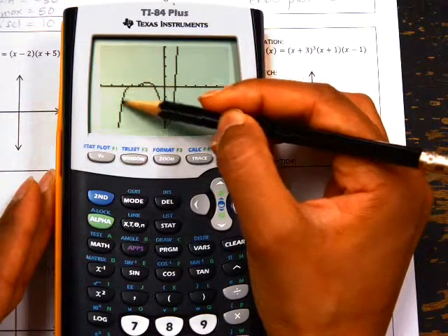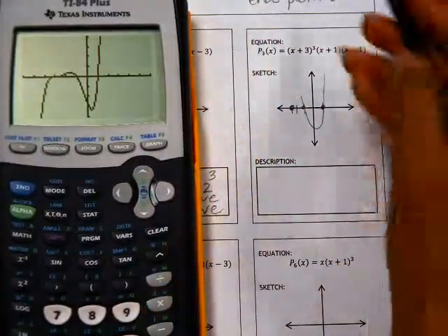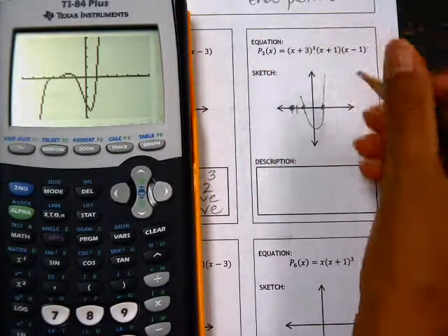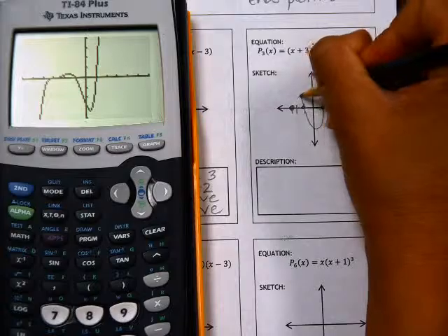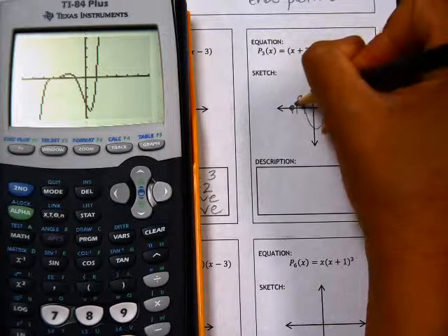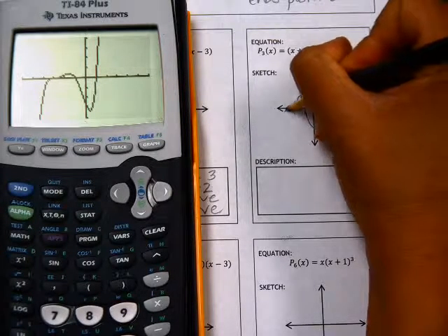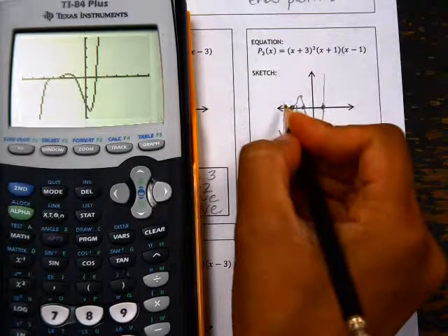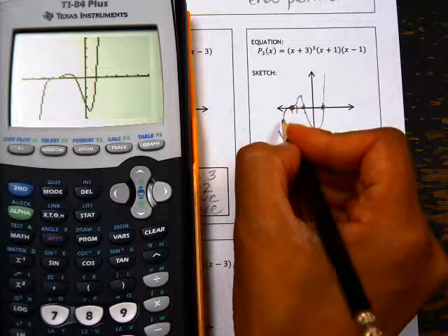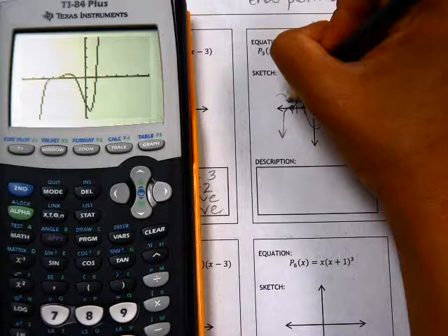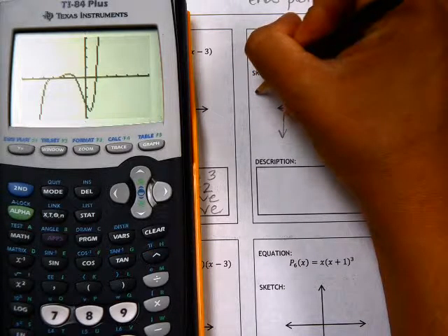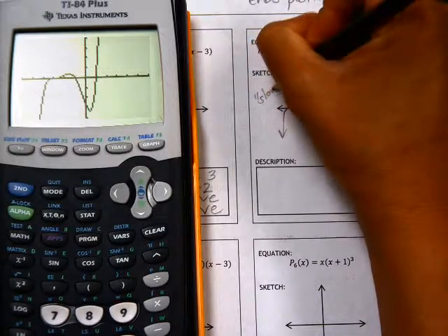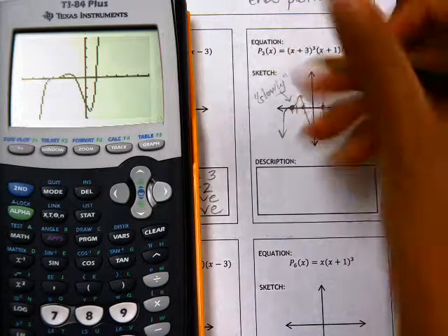It kind of flattens out as it goes through that root. So to exaggerate that on my paper so that we can see clearly that this is a slightly different behavior, I'm going to bend the graph and make it flatten out as it goes through that root. This behavior right here, we say that it goes through slowly because it has that bend.